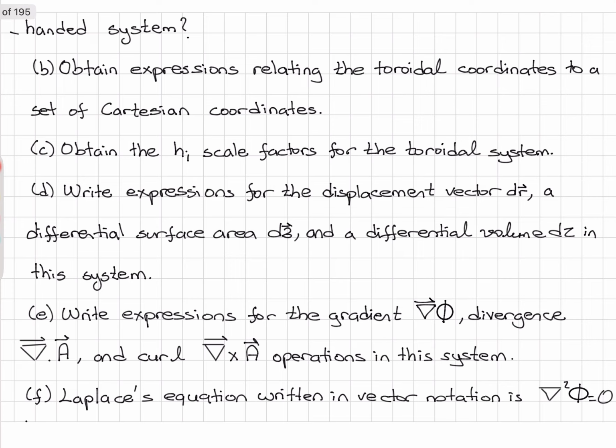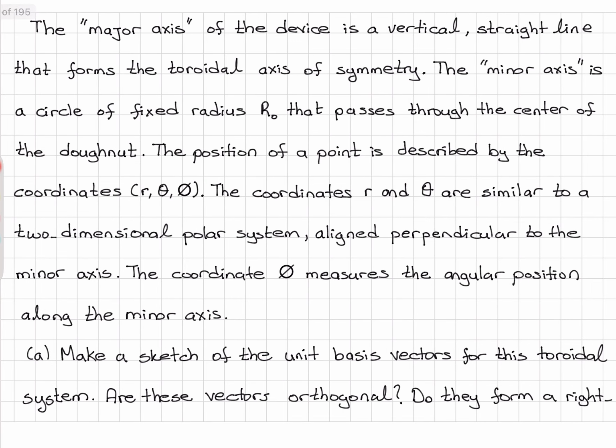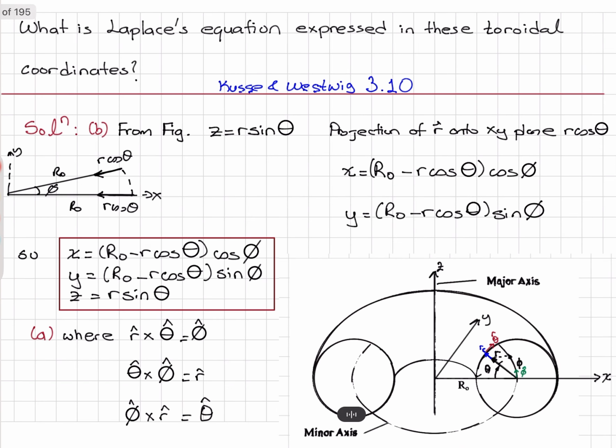So going back to the original question, part A says make a sketch of the unit basis vectors. Are these vectors orthogonal? Do they form a right-handed coordinate system? Now we can see that these vectors r hat, theta hat and phi hat are orthogonal to each other.